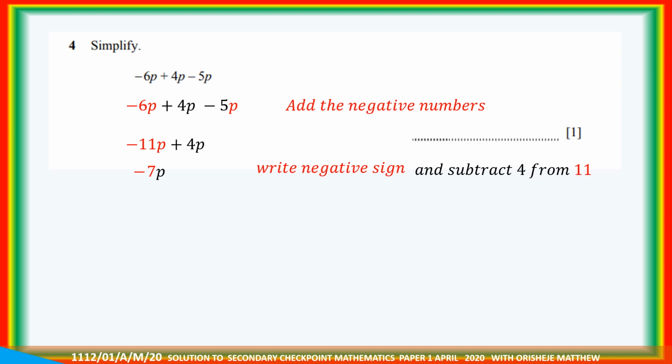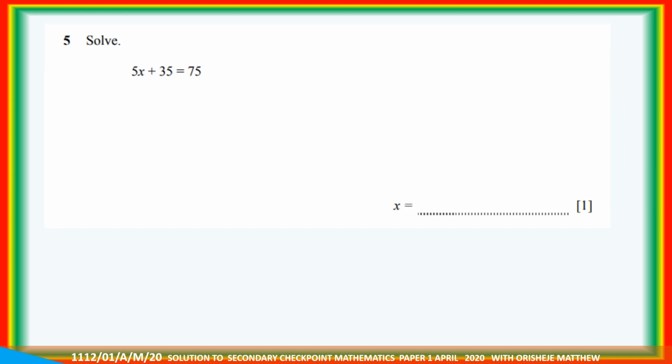All right, let's go to question 5. Question 5. Solve the equation 5s plus 35 equals 75. If you look at a situation like this, algebra, what you need to do is collect like terms. Since we have 5s plus 35 on the left hand side, bring all the numbers to the same side.